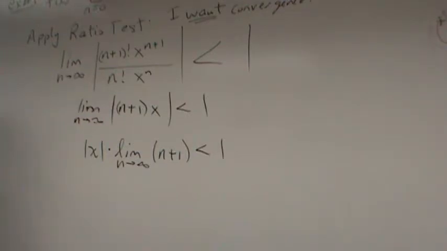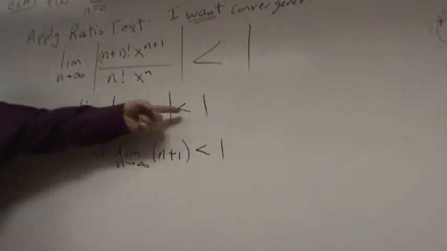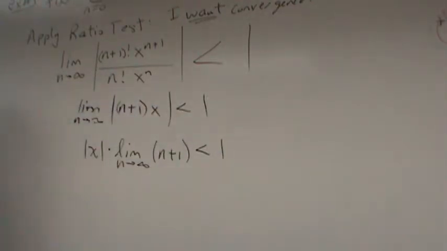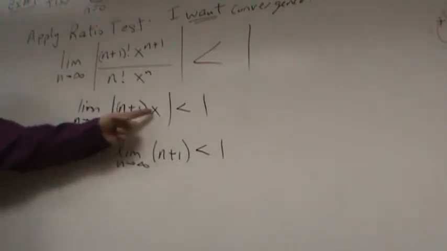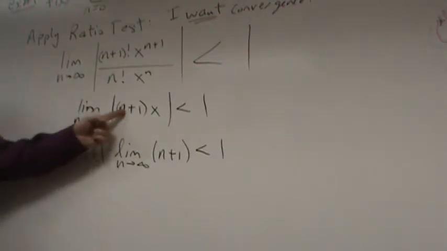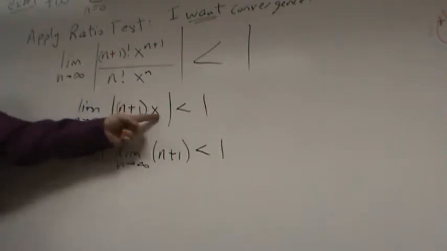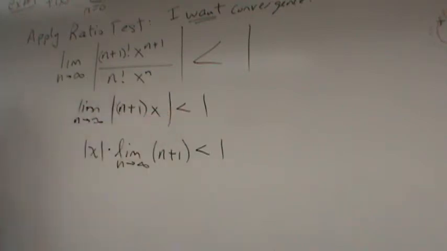Any fraction? A fraction, like a millionth? But could I choose an n big enough so that this term times a millionth would be greater than 1? Sure, a million. So how about x being a billionth? If x were a billionth, would this product be less than 1? No, because what would I choose my n to be? A billion. Do you see that any x I choose, I can always find an n big enough so that this product is greater than 1?